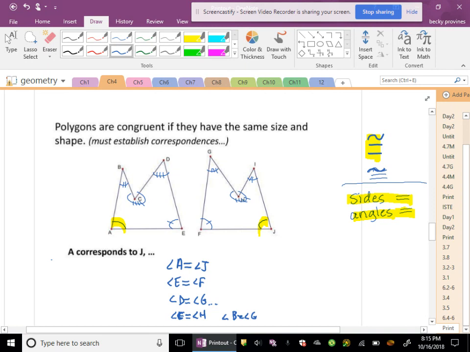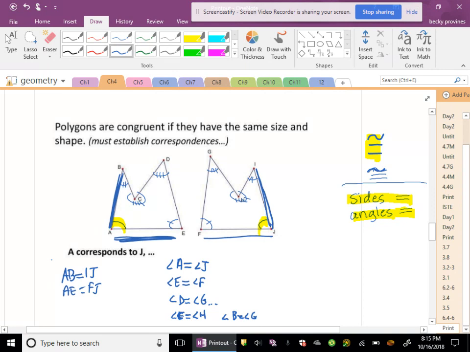Now, we also have corresponding and congruent sides. So, for instance, what side matches up and is congruent with AB? Hopefully you're saying JI. It doesn't really matter if you say AB or BA. Either way is fine. And the same thing for IJ or JI. What side matches up with AE? Hopefully you're saying FJ.